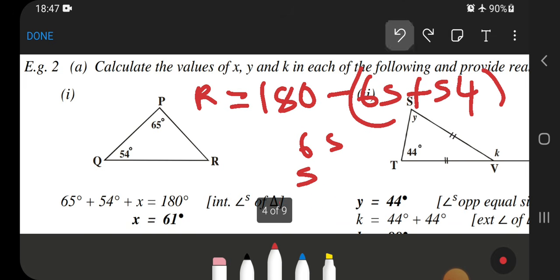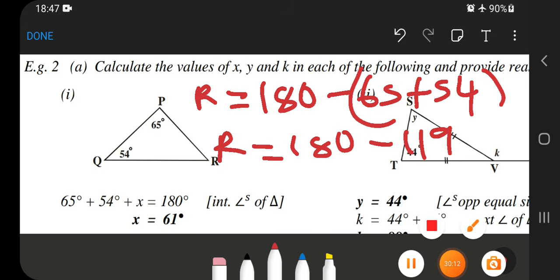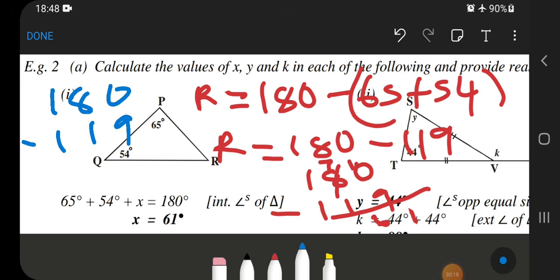So we know that we are dealing with R equals 180 minus 119, right? So we have 180 minus 119.